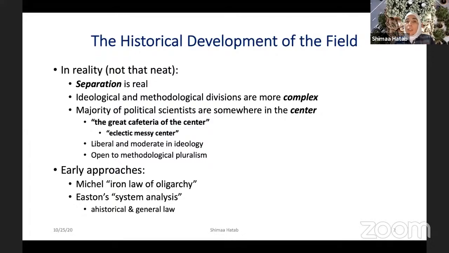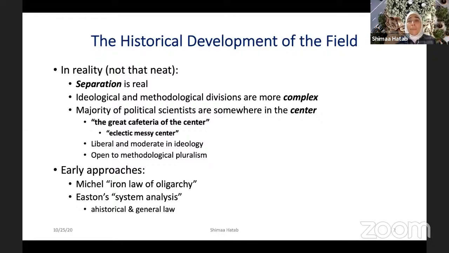So before we study in some detail the three major schools in comparative politics, I need to highlight some early efforts or attempts at formulating this kind of generalization or general laws in comparative politics.